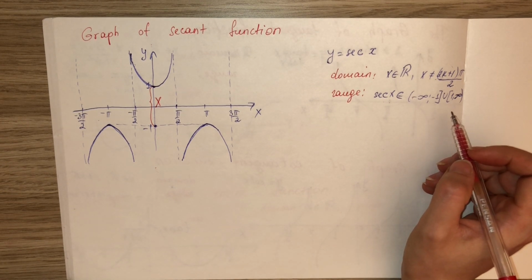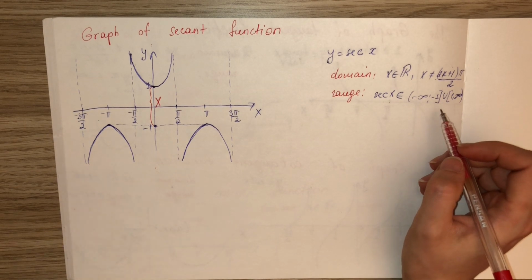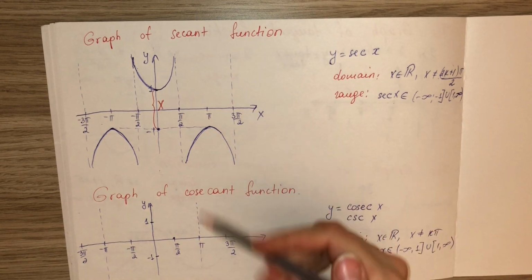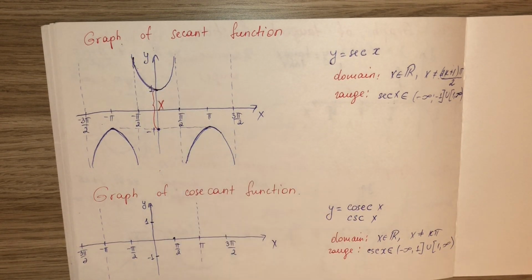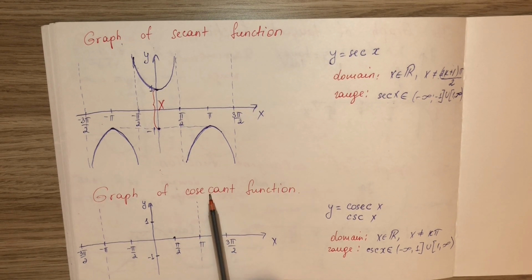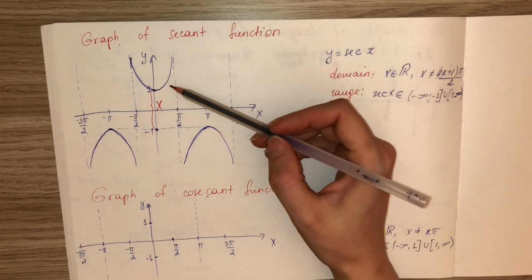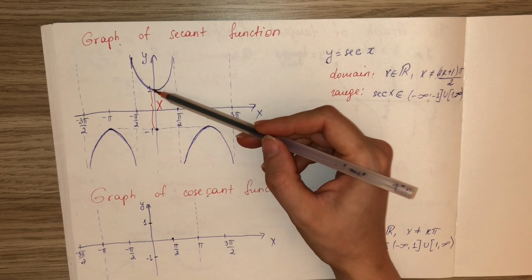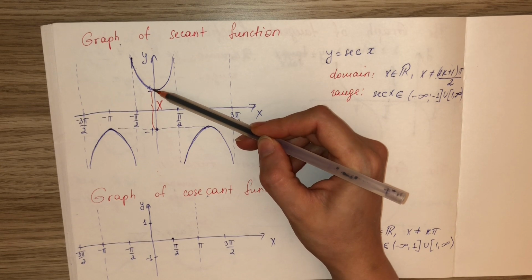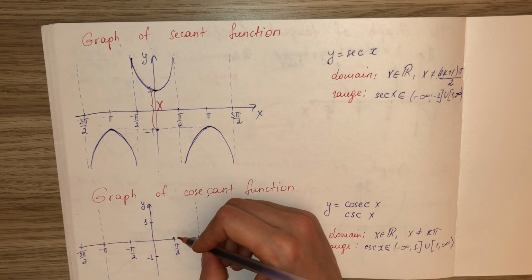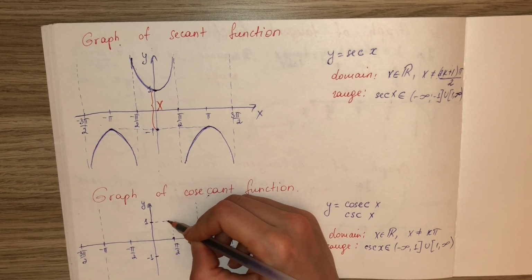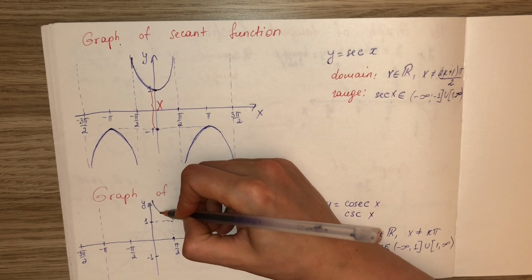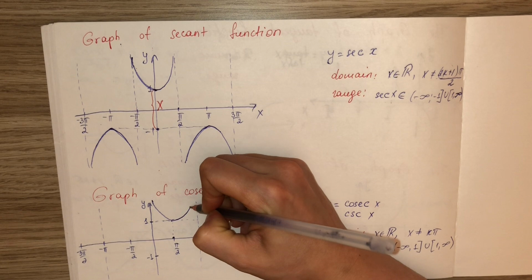And finally, let's construct the graph of the cosecant function. There are a few differences between the graph of the secant function and the graph of the cosecant function. As you see, the secant graph gets 1 at angle 0, but the graph of the cosecant function gets 1 at the angle pi over 2.